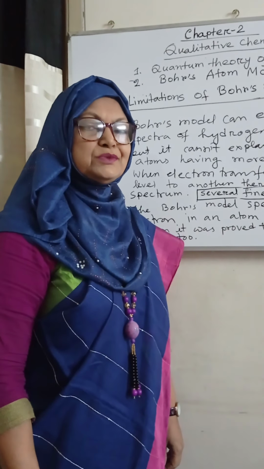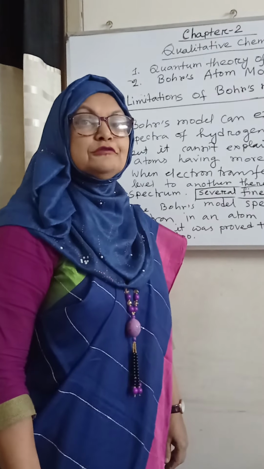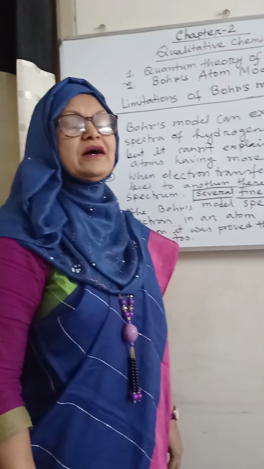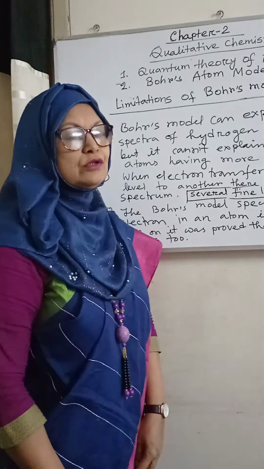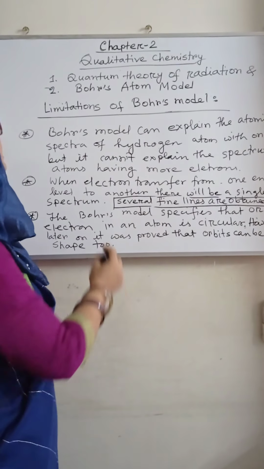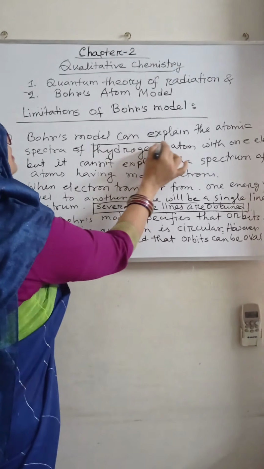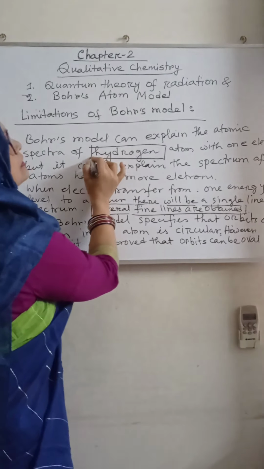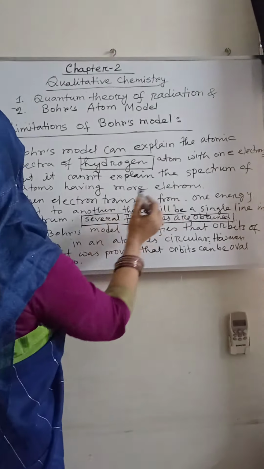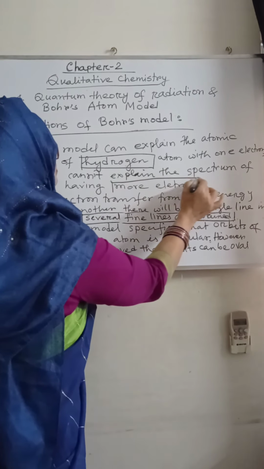Now I would like to discuss the limitations of the Bohr model. Though there are many successes of the Bohr model, it has some limitations also. Number one, Bohr's model can explain the atomic spectra of hydrogen, but it cannot explain the spectrum of atoms having more electrons.